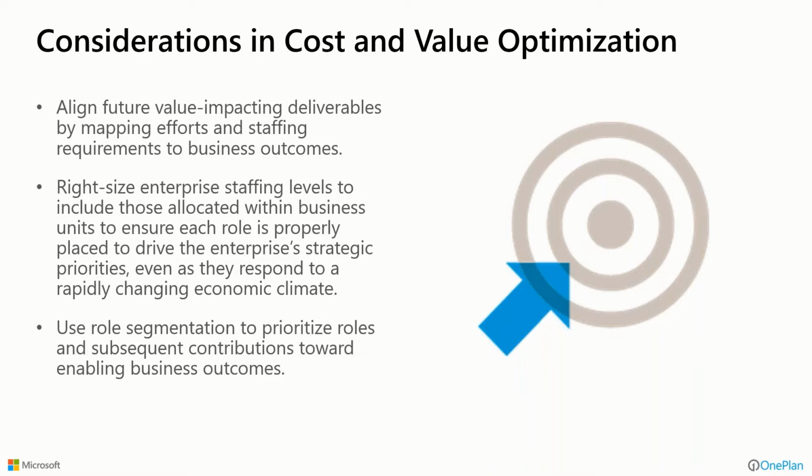And if we right-size enterprise staffing levels to include those allocated within specific business units and make sure that each role is properly placed to drive the organization's strategic priorities, then we can respond to an economic climate and still maintain our course, even if it maybe limits us a little bit. And having role segmentation so that we prioritize the roles that we need within our organization, make sure we have the right skill sets and the right people, not just cutting numbers.